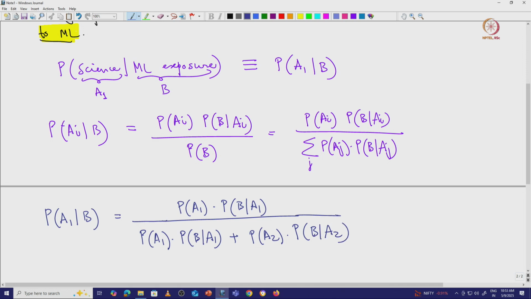Now, we have written down this mathematical expression, but we can clearly see what each of these terms is representing.